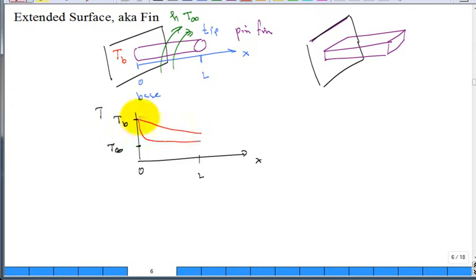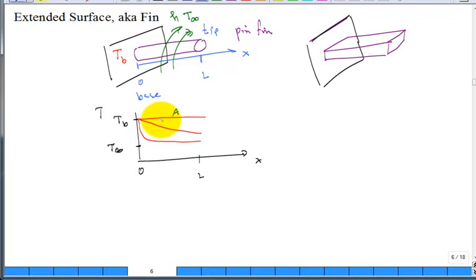It could look something like this, where in case A, how would you characterize it? I would say the fin is almost the same temperature everywhere. It's isothermal. So it must be easy to transfer heat in conduction down that fin. The hard part is getting it off into the fluid.